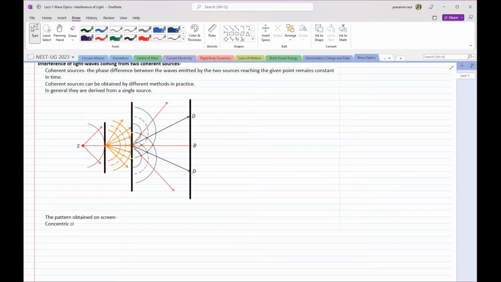Concentric circles, okay, of alternate bright concentric circles, alternate bright and dark. ऐसा पैटर्न दिखता है आपको स्क्रीन पे.